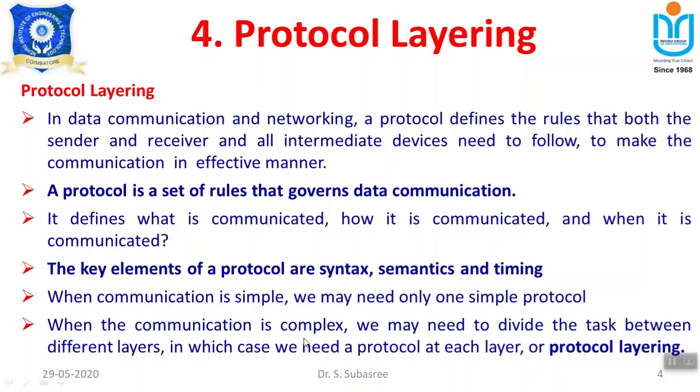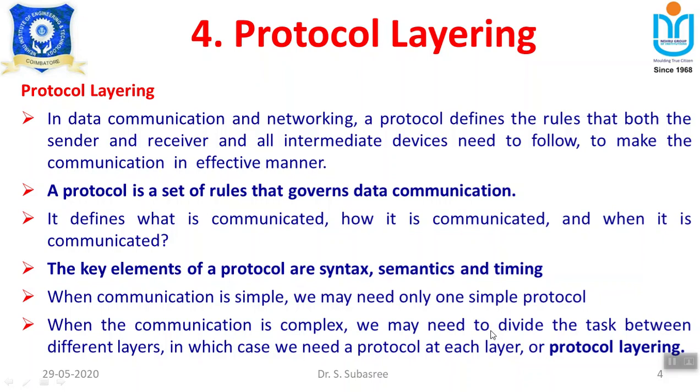If the communication is complex, you are transferring data from one network to another network. Let us assume that the source network belongs to one category and the destination is different. Then what do we want to do? Based on the destination, we want to convert our data and then hand it over. For doing a conversion, we need a protocol.